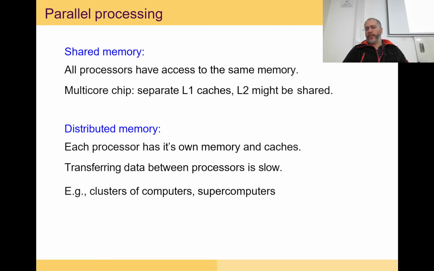You don't just have to think about computing or the algorithm. You also have to think about how processor 1 calculates a result, but now that result is required by processor 2. So after this calculation, it has to send the result to processor 2, and processor 2 has to receive the result and acknowledge. Once it receives the result, it starts calculating something, and once it has done that, it has to send the information to processor 1 or processor 3, whatever.